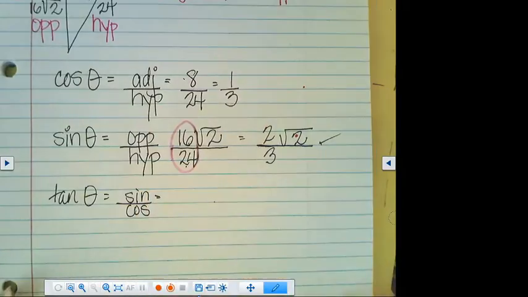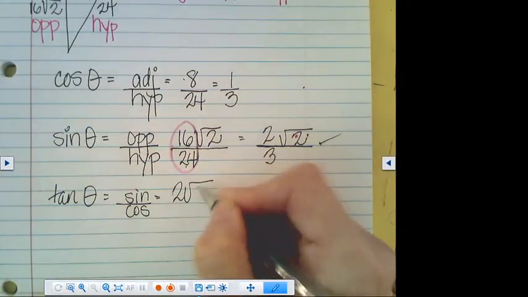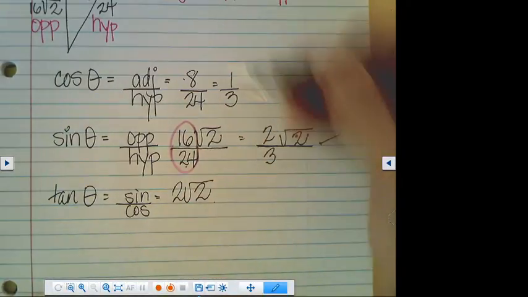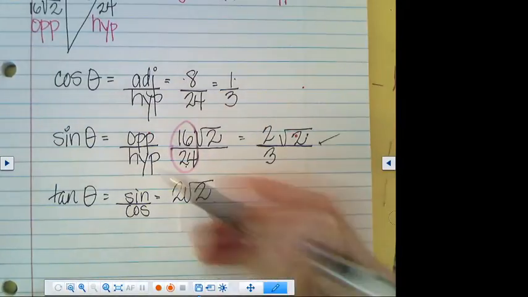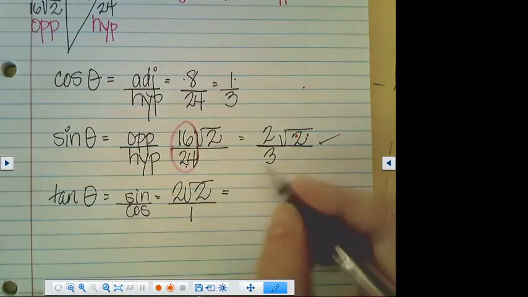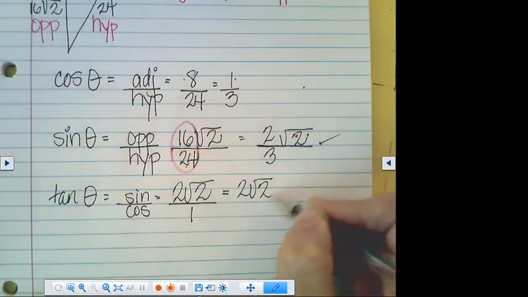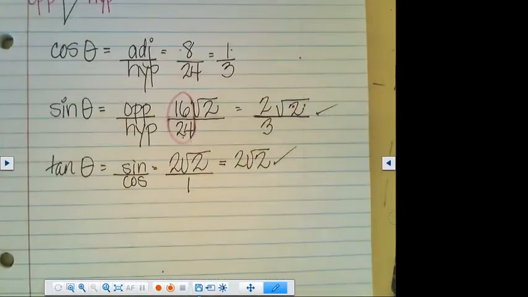Tell me what those are. The sine numerator's what? 2 square roots of 2. And then what's your cosine numerator? Is it 1? So that makes the tangent 2 square roots of 2 with an understood denominator 1.